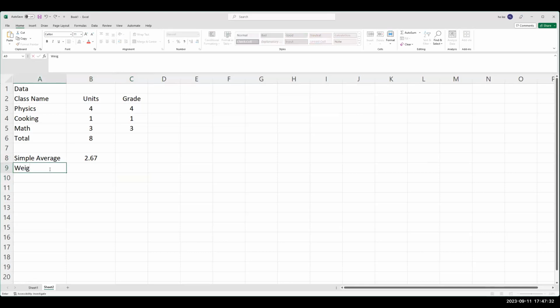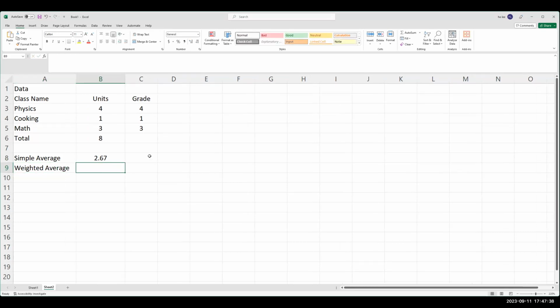Weighted average. Okay. Weighted average, we're going to use the units as weights. So the first thing we have to do, this is our weights, that's our W. And this is like our X. So the first thing we need to do is calculate W times X, which is equal to 4 times 4.